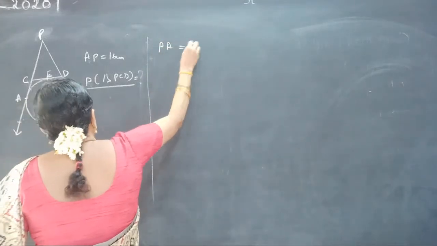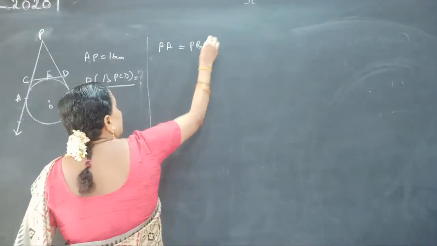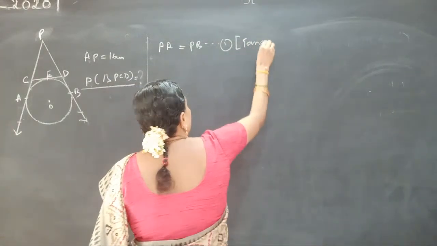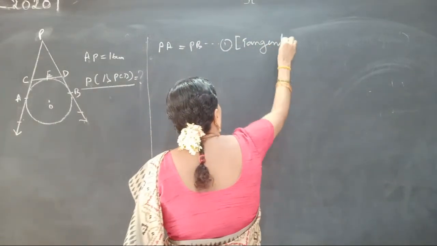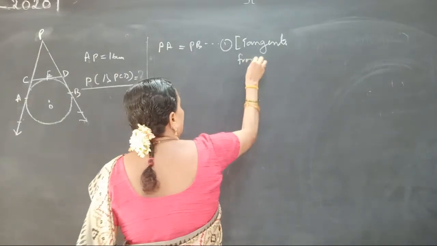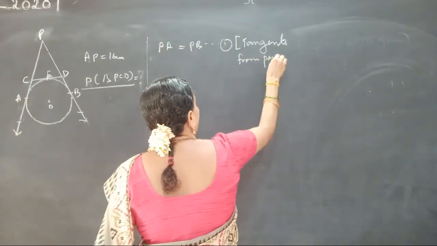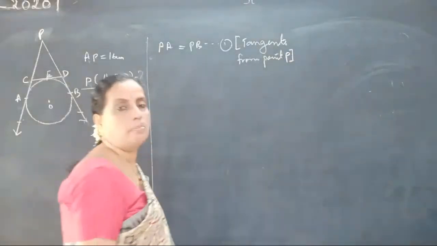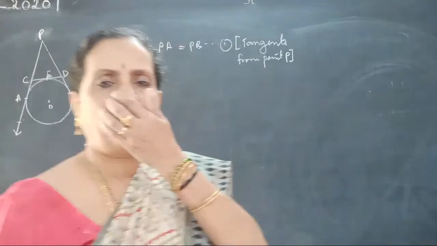PA equals PB, result 1, tangents from point P, according to theorem 10.2.